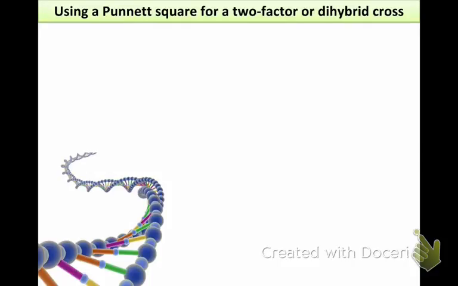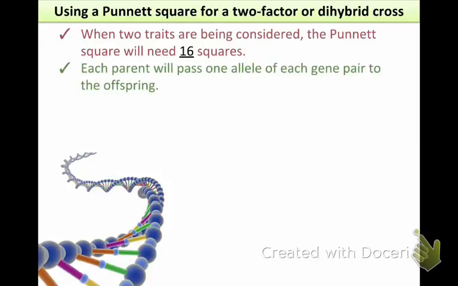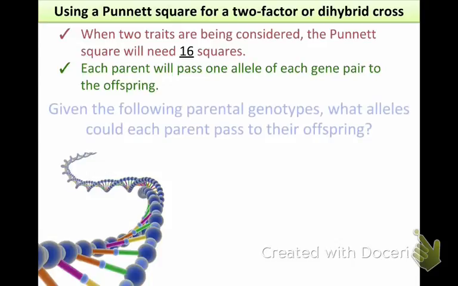So let's look at a Punnett square for a two-factor or dihybrid cross. When two traits are being considered, the Punnett square will need 16 squares. Each parent will pass one allele of each gene pair to the offspring. Given the following parental genotypes, what alleles could each parent pass off to their offspring?